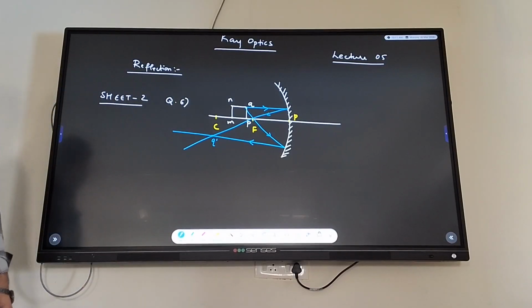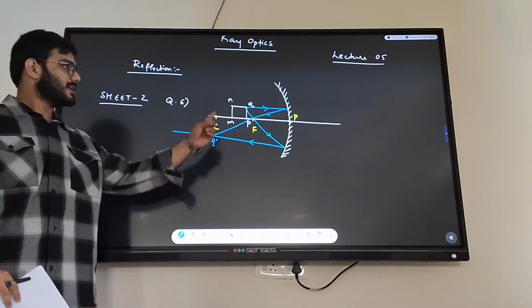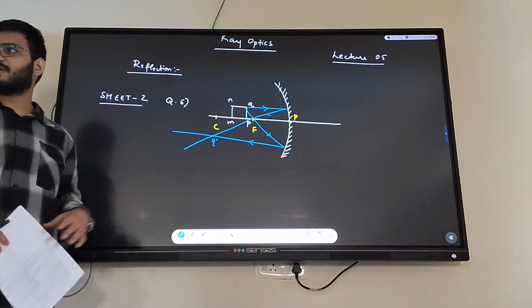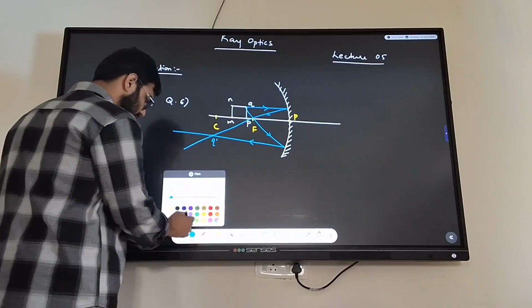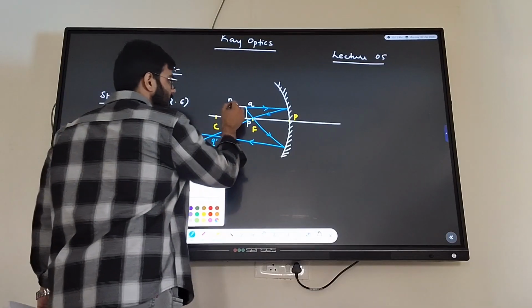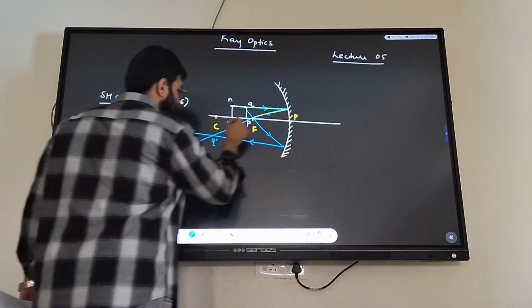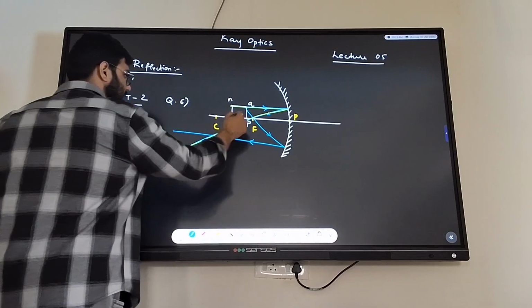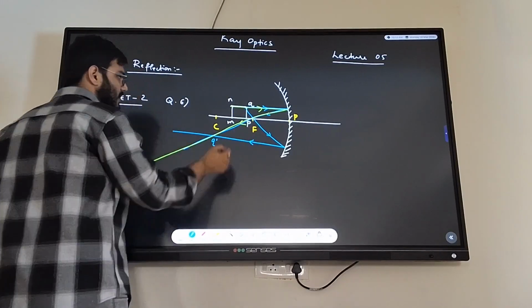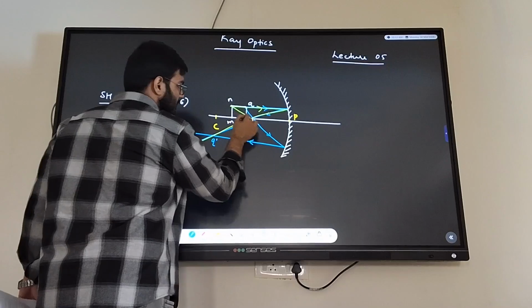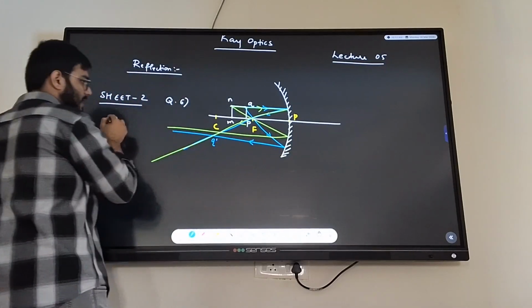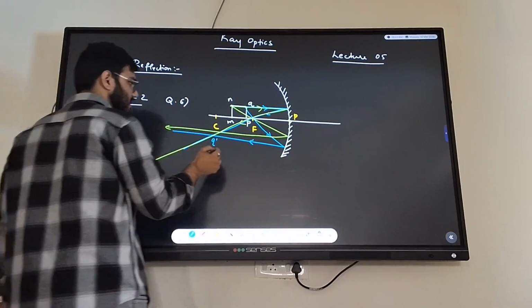Is it all okay? Now let me try to find the image of N. What should be the image of N? One of the rays parallel to the principal axis passing through this again, and the other ray passing through the focus and parallel to the principal axis.